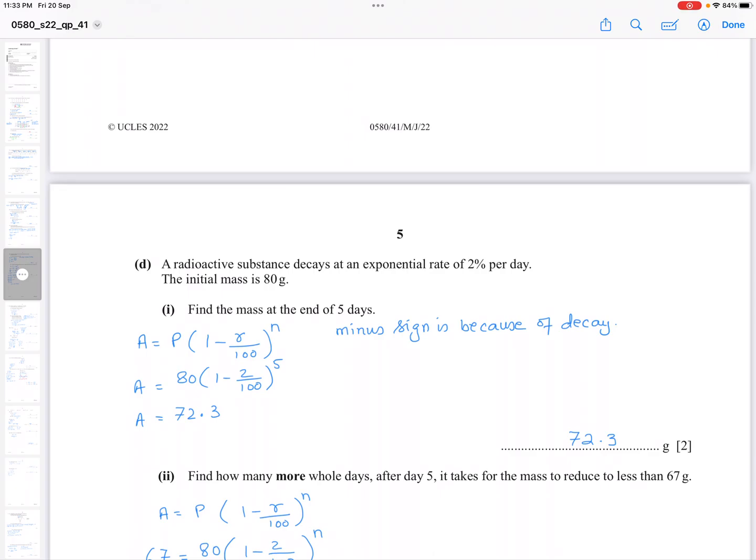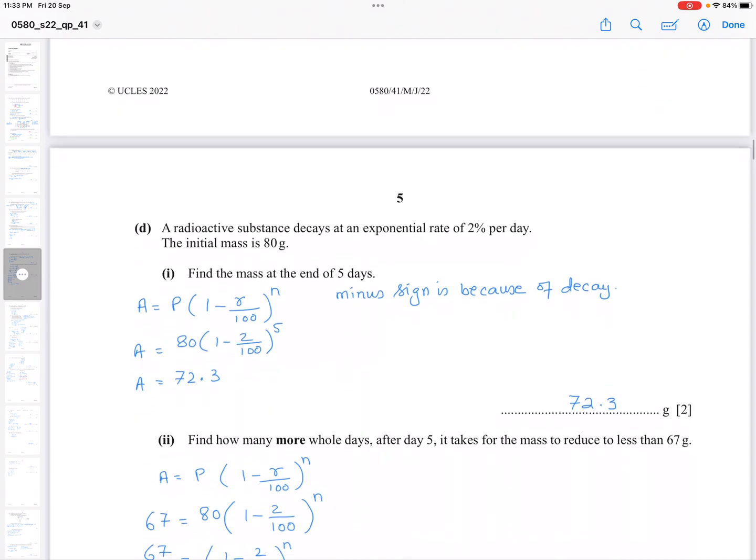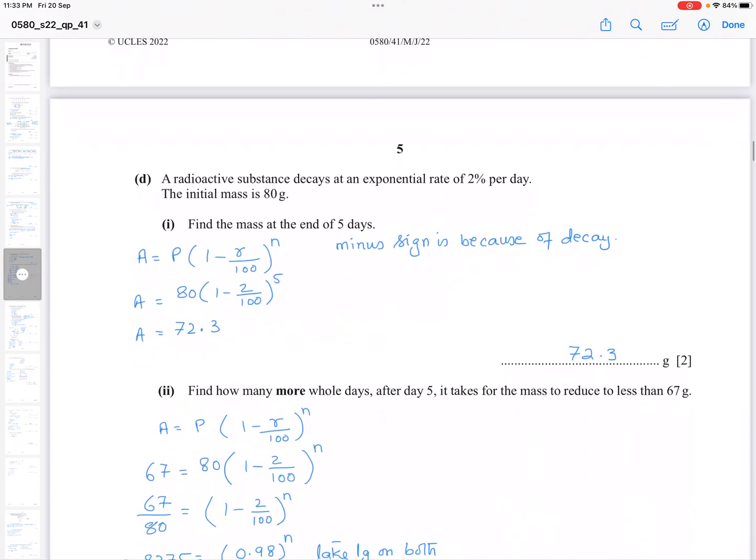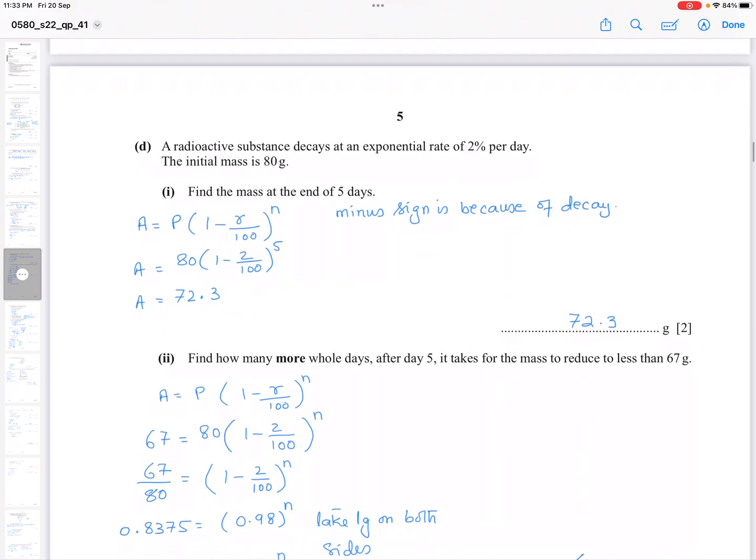Otherwise, it should be 1 plus R over 100. The rate is 2, so put 2 in R, and n is 5 days. Now simplify this using your calculator. So 72.3 grams is your answer.